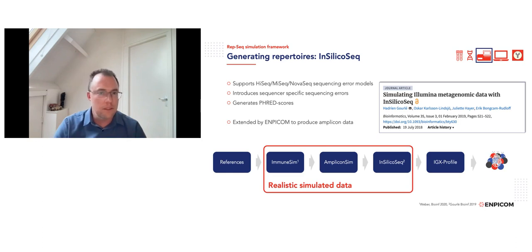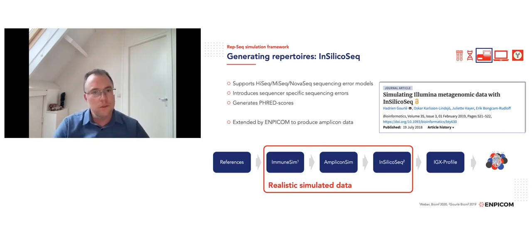And it outputs them as FastQ files. So we were working with the original author of this project to extend it a little bit, because originally it was built for metagenomics data, and we've now also made it such that it does amplicon data, and we're working on a few other enhancements together with the original author to try and make it more useful for repertoire sequencing.